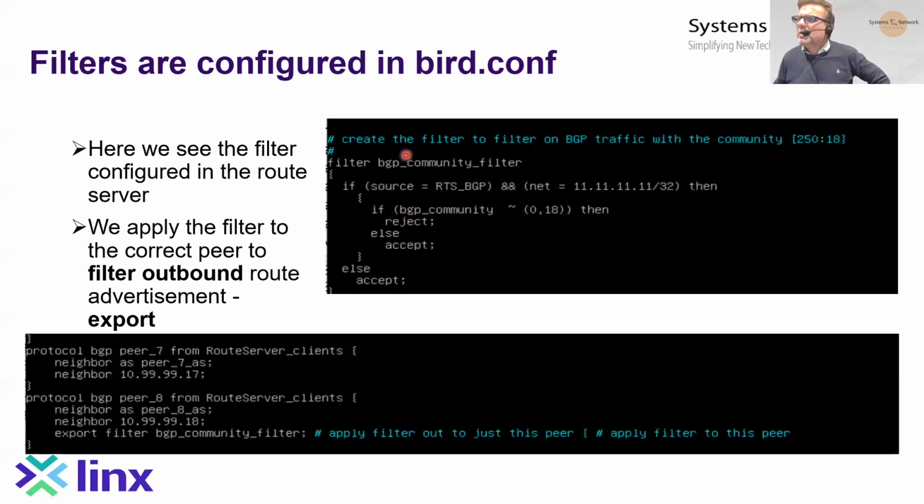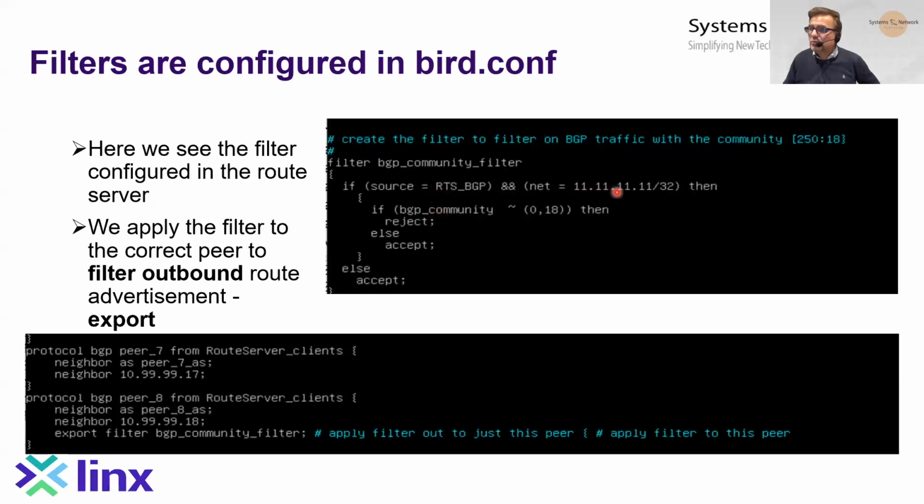The way we implement this is in the config file, we use this configuration programming language with ifs and else statements. So for example, here, what I've said is if the source of the route is BGP, that's what this means, and the route is 11.11.11.11, then go to this here.